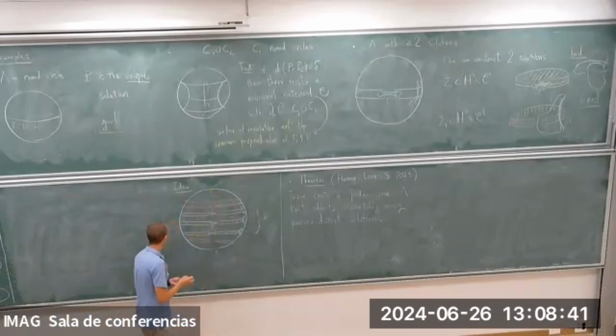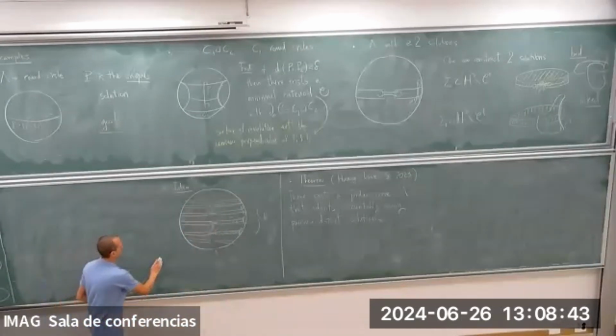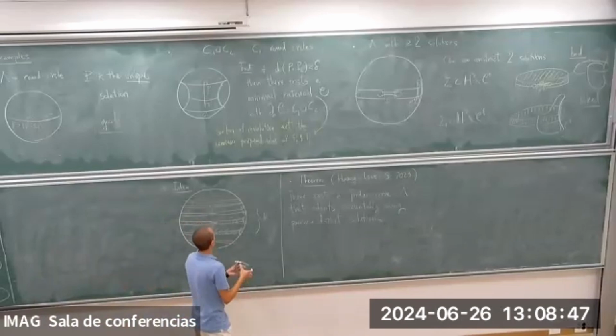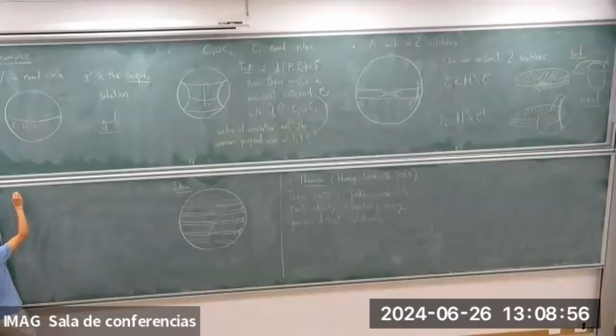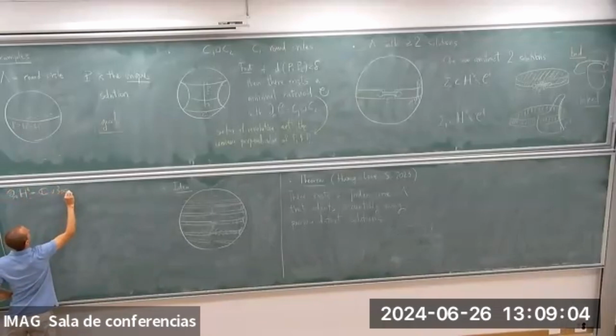And then, okay, let me draw a picture in the other model. So here we basically have not only K, but we have infinitely many. I'll draw a picture now. I use the boundary of the upper half space model, C infinity, okay? So it's a plane with one point at infinity.